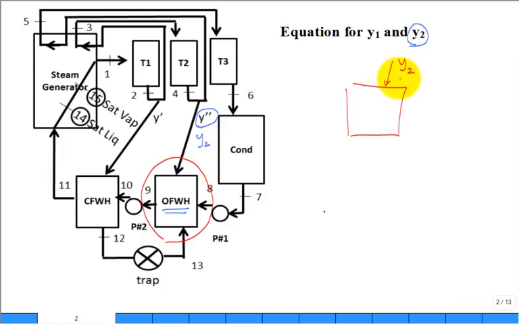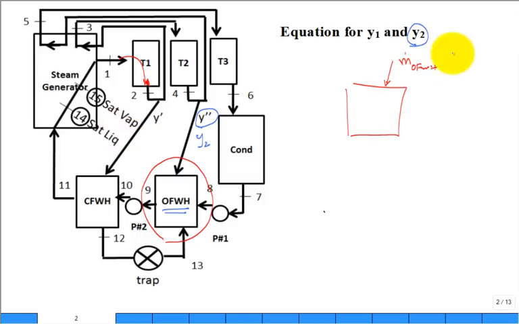What do you mean by coming down Y2? Well, if you wanted to, we could do it by the mass flow rate that feeds the open feedwater heater, and then we'll write a mass balance equation. Then we'll find out that, if you divide the whole equation by m dot T1, what goes through the first turbine, then you'll get it in terms of fractions.